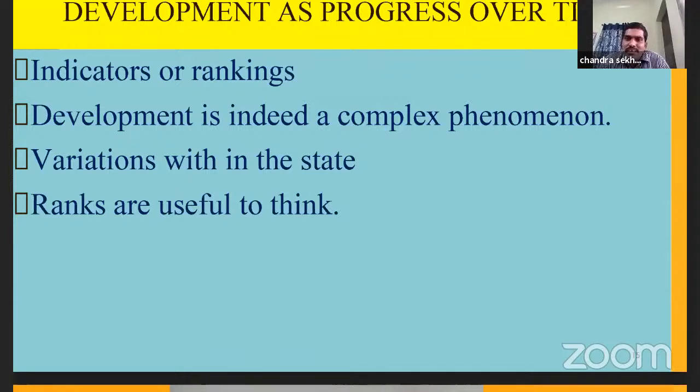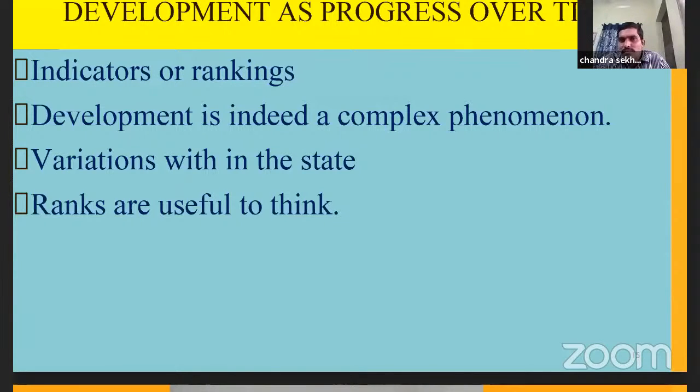But development is indeed a complex phenomenon, so we have to concentrate on so many aspects like per capita income, employment, educational facilities and health and medical facilities. Like that only we can get a good rank in human development index. If we get a good rank in HDI, we can say that we have good facilities of education, medical and employment also.